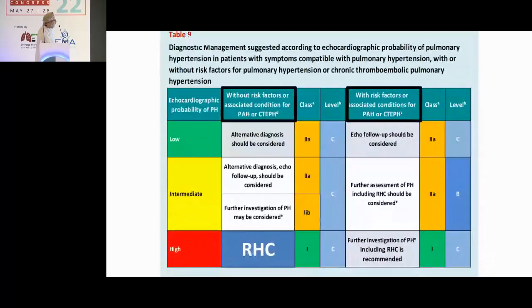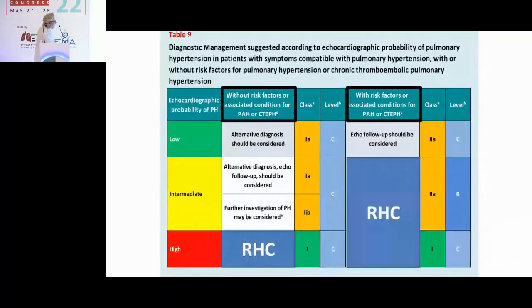Whereas a patient having some risk factors, like scleroderma, connective tissue disease, or chronic thromboembolic pulmonary hypertension, then right heart catheterization is required in intermediate and high probability.